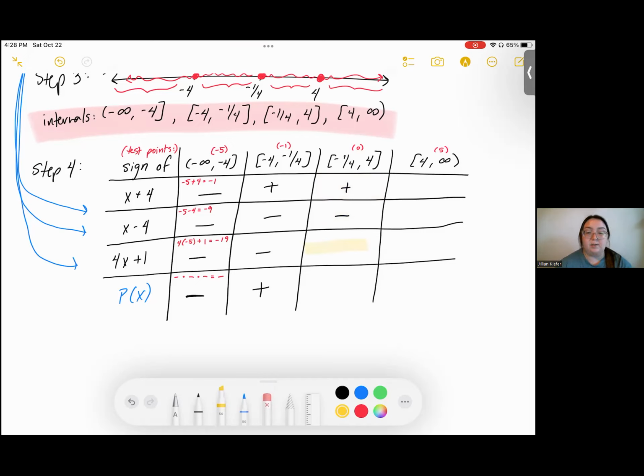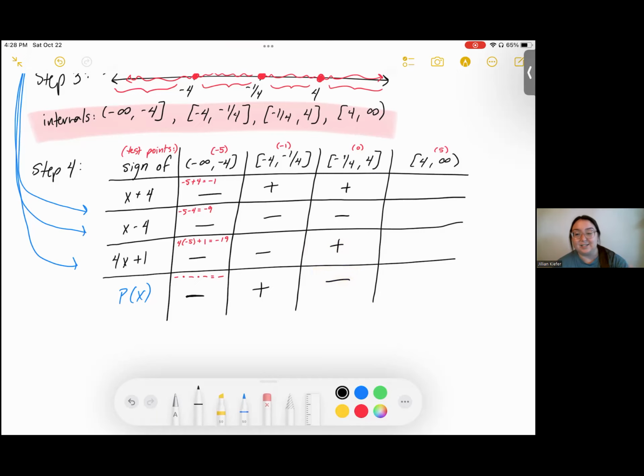Then plugging in 0 to 4x plus 1, 4 times 0 is 0, plus 1 is 1, so that would be positive on that interval. Looking at P of X, we have two positive numbers times a negative number. Positive times a negative number would create a negative number, and then a negative number times a positive number would still be a negative number. So our polynomial is negative on that interval.